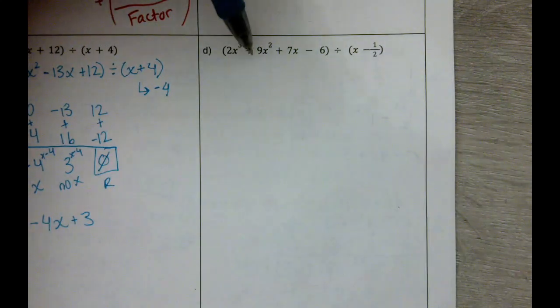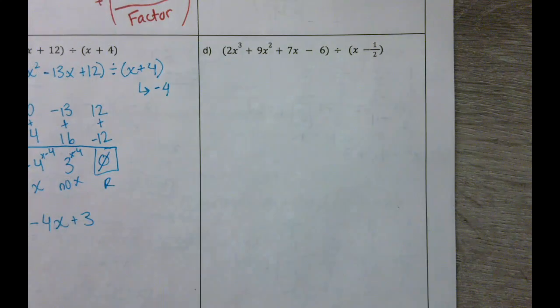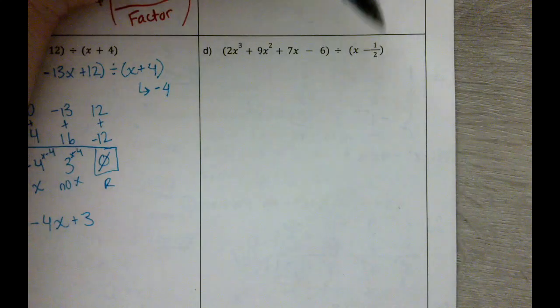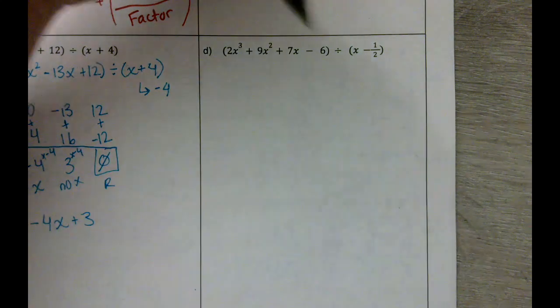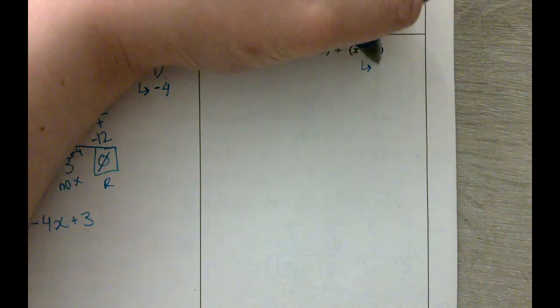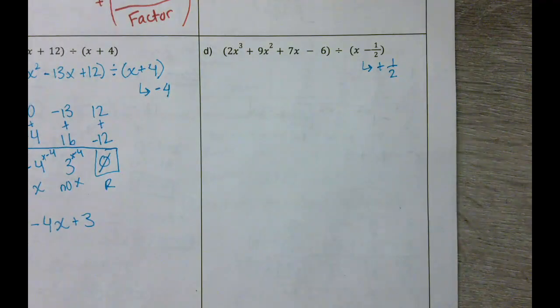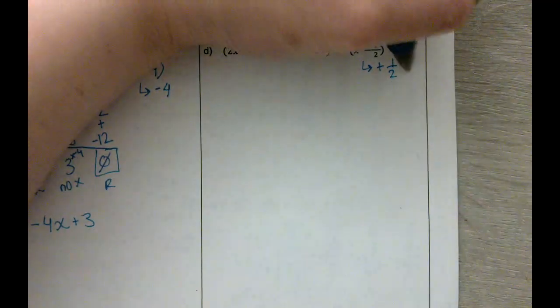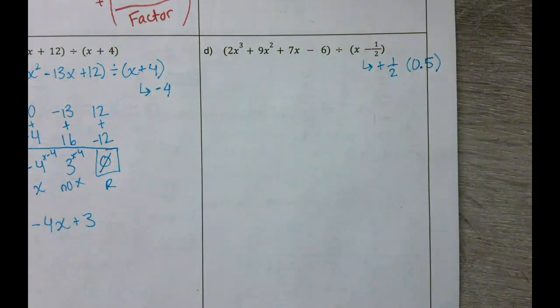2x cubed plus 9x squared plus 7x minus 6. No terms are missing. We are dividing by x minus a half. Couple things. One, we do change this to a positive 1/2. Now, if it's easier for you, it's easier for me, I'm going to change this to a 0.5. This makes this easier to type into the calculator.